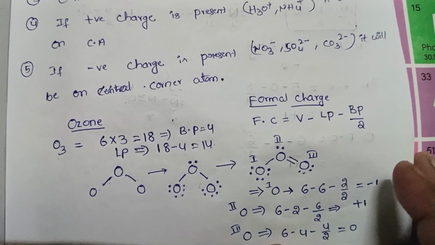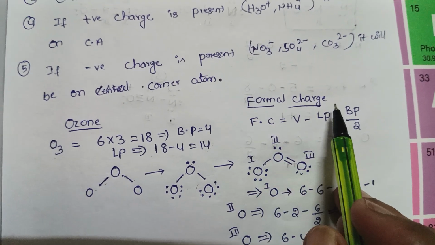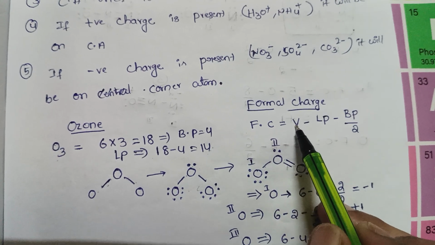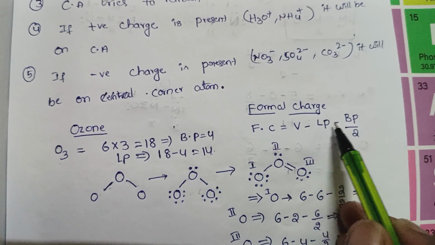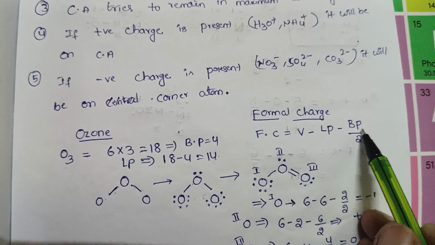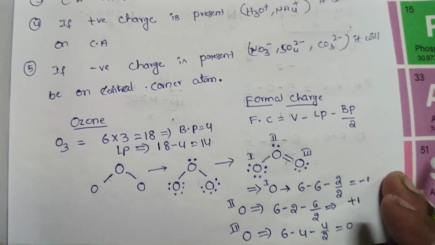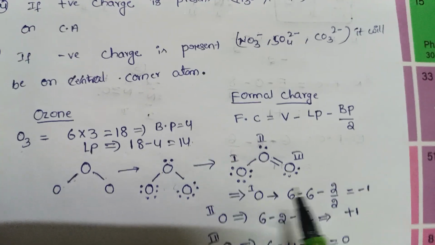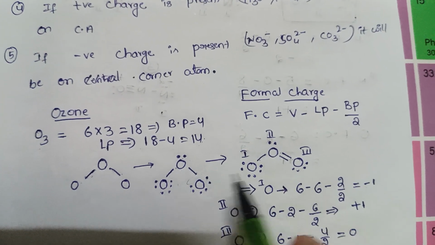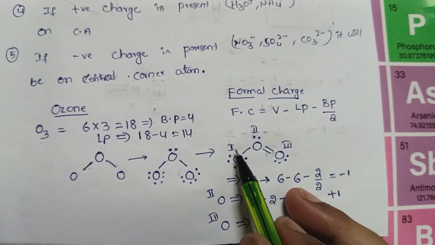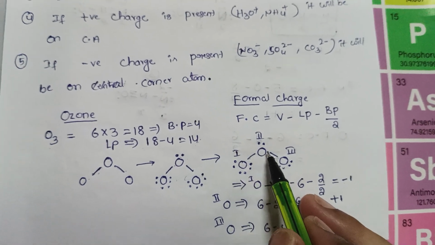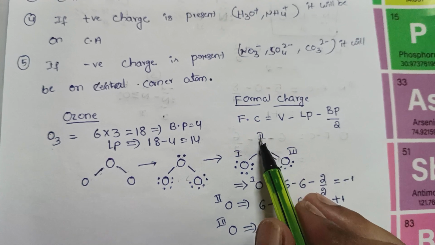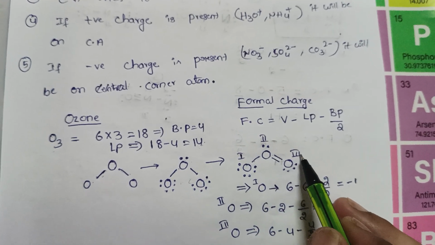Formal charge is equal to total valence electrons minus lone pair electrons minus bond pair electrons divided by 2. For ozone, we can calculate. Take this oxygen as the first atom, this oxygen as the second atom, and this as the third atom.